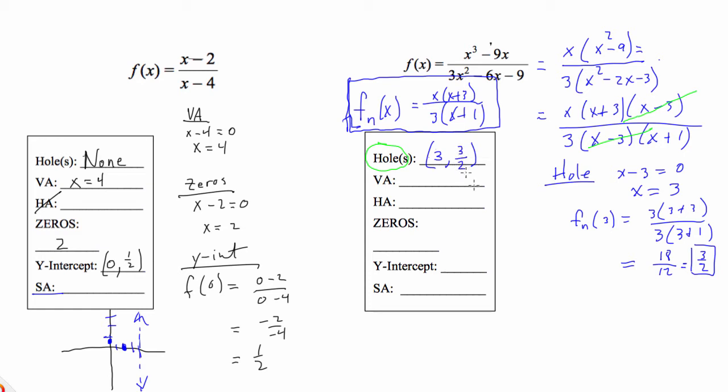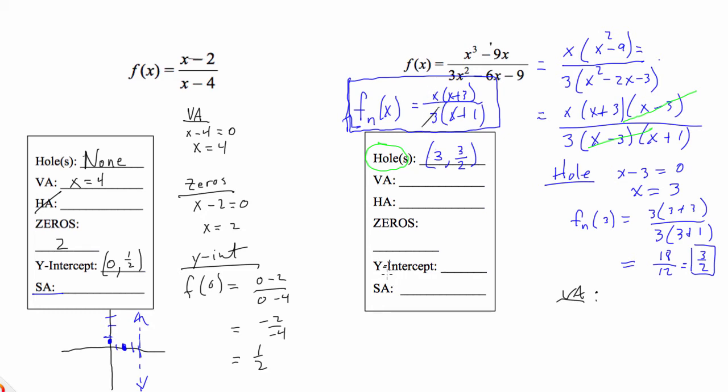Now the holes don't always have a fraction there, but a lot of them seem to at this point. And that's okay. Okay, what's next here? Vertical asymptote. So the vertical asymptote, you just take the denominator. Whatever factors are in the denominator, set that equal to 0. Now, since 3 cannot equal 0, we're going to ignore that.